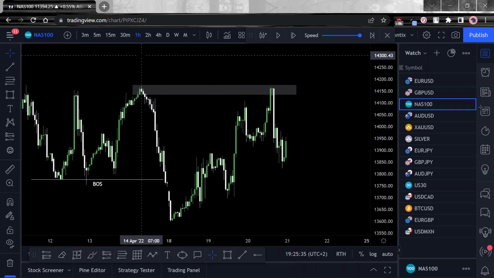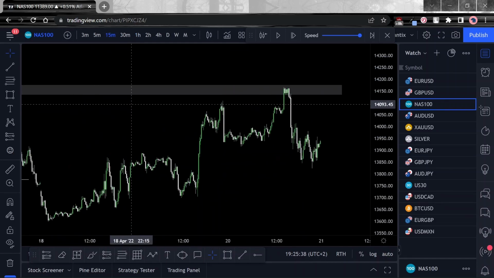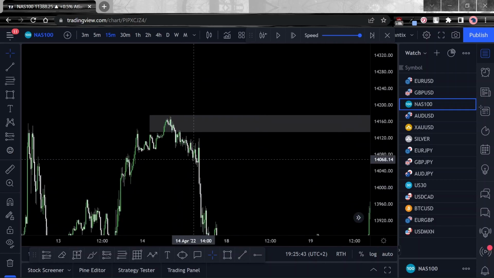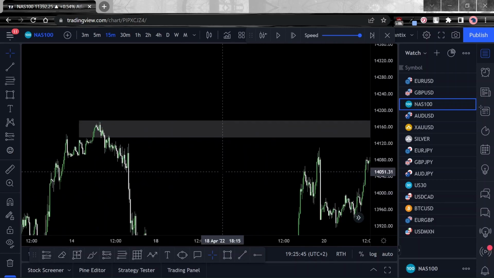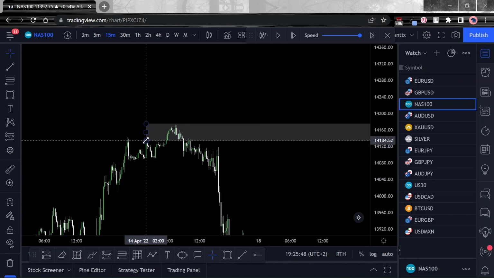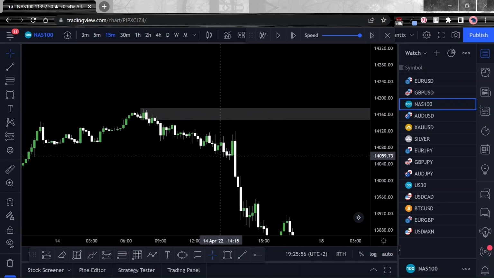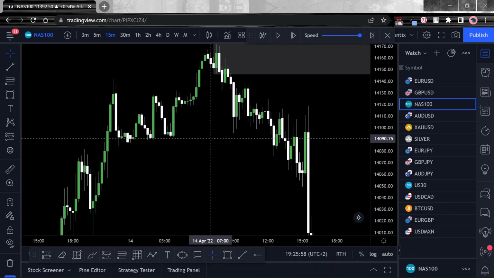Price taps in. I'm sure if you even refine even lower to the M15, you would have still been tagged into the trade, having accommodated the highest point. So our highest point is obviously with this candle, right? Let me just zoom in to make sure we're still together, right?